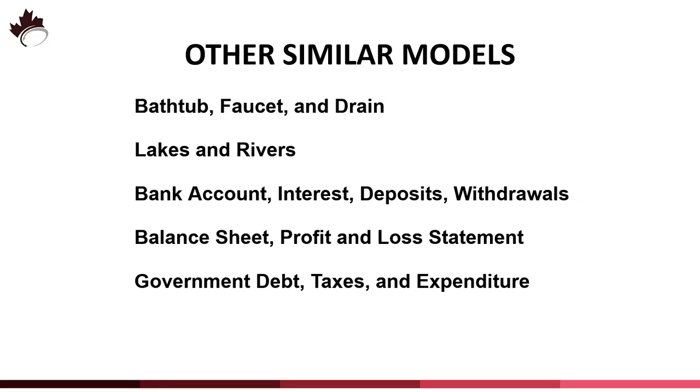You can look at a balance sheet of a company with assets as the stocks, and profit and loss as the flows. And you can also look at government debt and taxes as being an inflow, and expenditure as being an outflow.